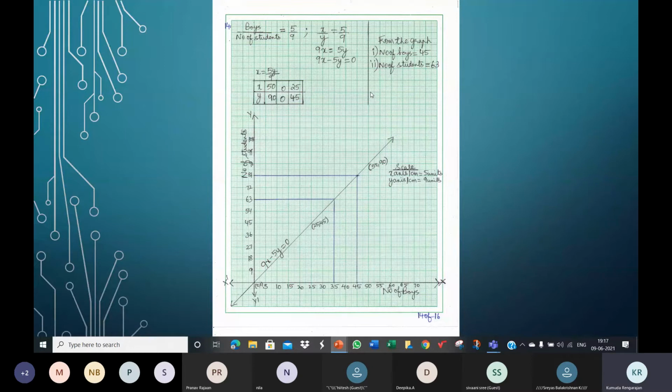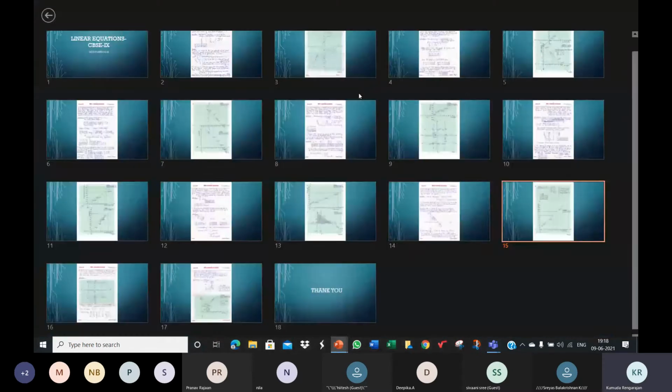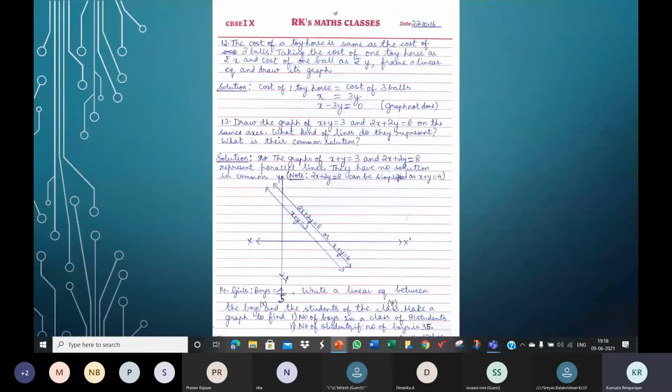We also consider the answers that have to be got from the graph while choosing the scale. For that, you can work these algebraically.